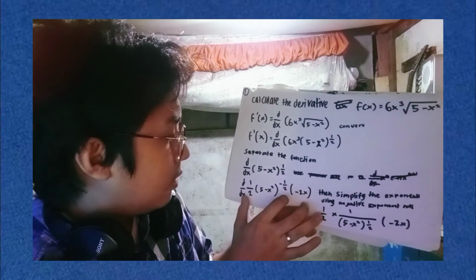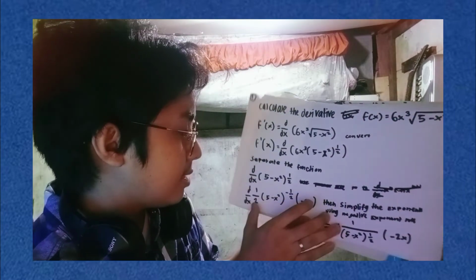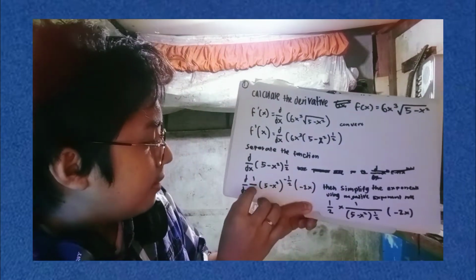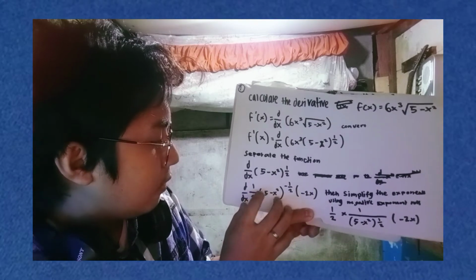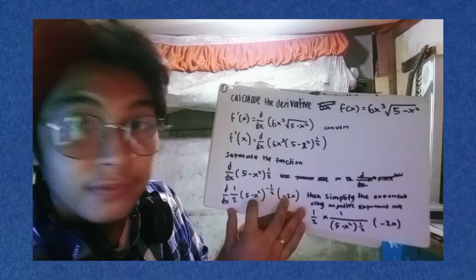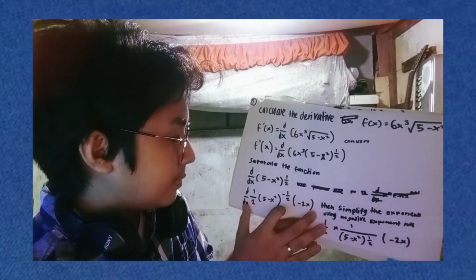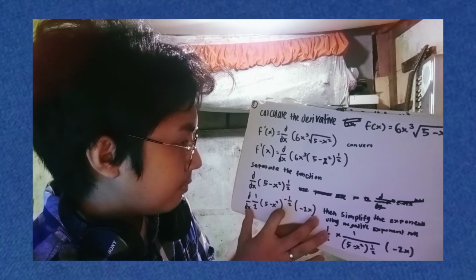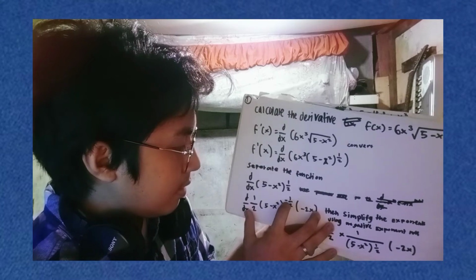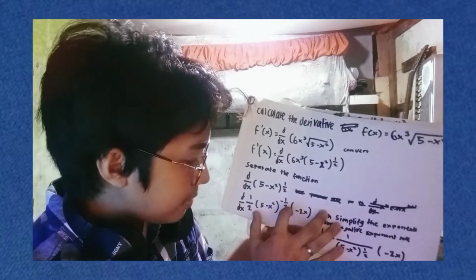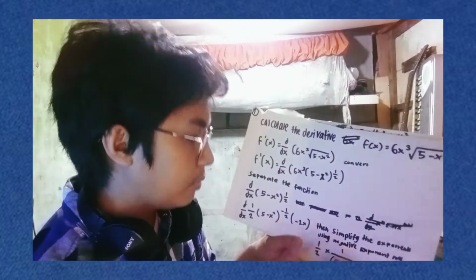So we must use this. d over dx, 1/2 times 5 minus x squared raised to negative 1/2 times negative 2x.